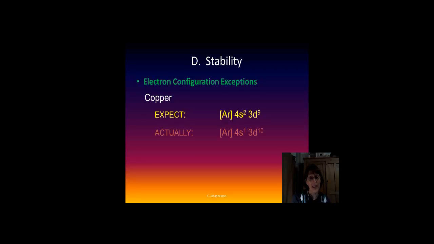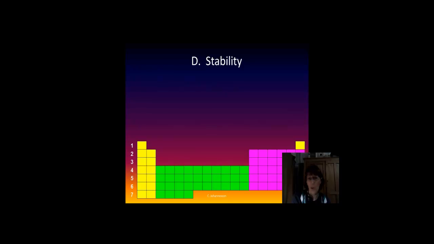But in reality, it's 4s1, and it fills up the 3d level with 10 because it's more stable that way. So you have several of them that are like this. Chromium has a unique, kind of unexpected electron configuration, and you won't have to know all of the exceptions to the rule. But just so you know that there are some exceptions, and that's due to stability.